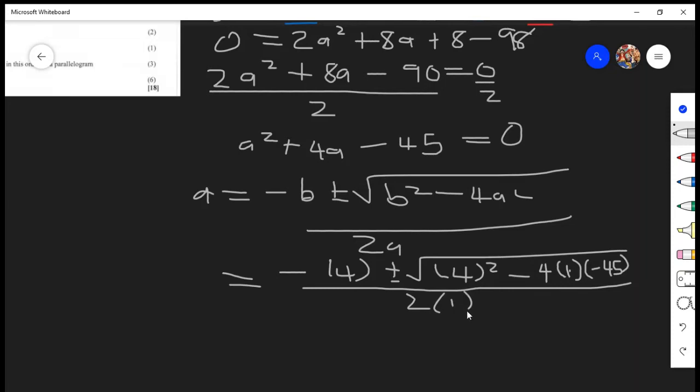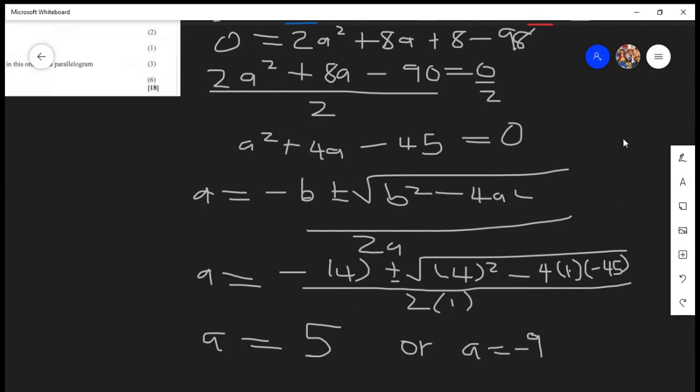We therefore have a, which is equal to, when you put this on a calculator, our value of a is then 5, or a is equal to negative 9. Okay, so that's our value of a. And remember in the first question, so just back.